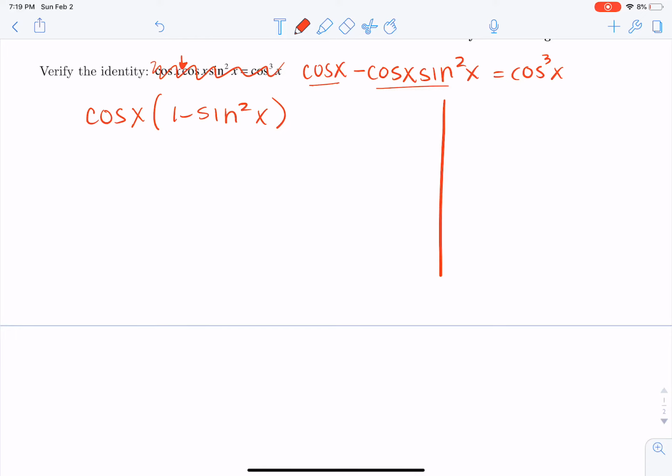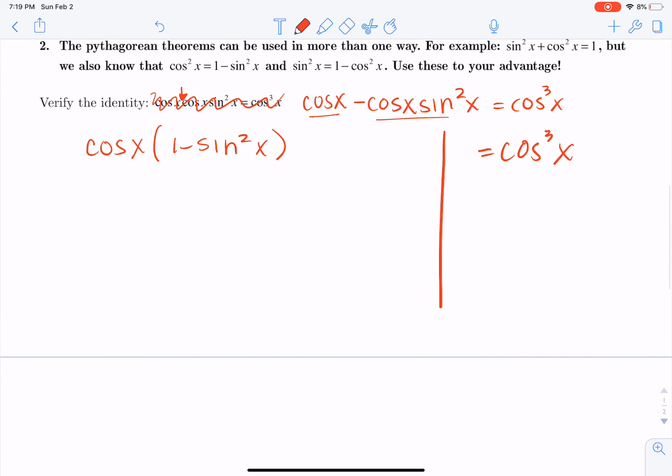And again, over on this side, I have my equals cosine cubed of x. And I know that 1 minus sine squared of x is the same thing as cosine squared x. So here I have cosine x times cosine squared x, which is going to give me cosine cubed x. And I have made my left-hand side match with my right-hand side. So I have verified the identity.